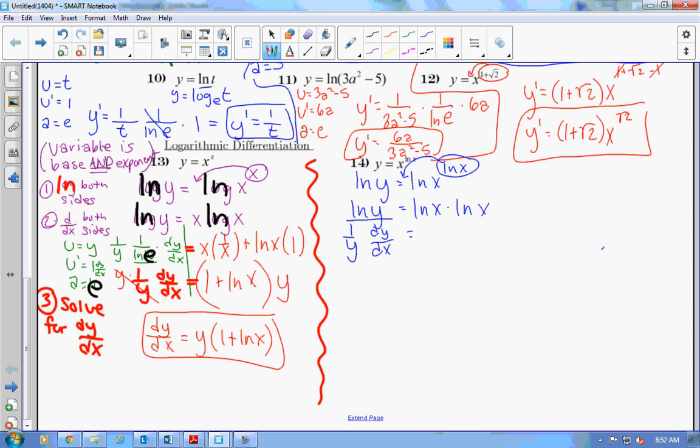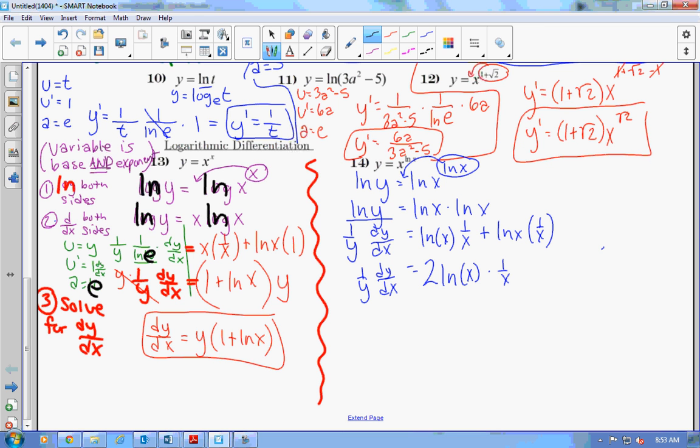So first d last plus last d first. Aren't those like terms? How many of them are there? 2. 2 natural log x's. You can even say all over x or times 1 over x equals 1 over y dy dx.